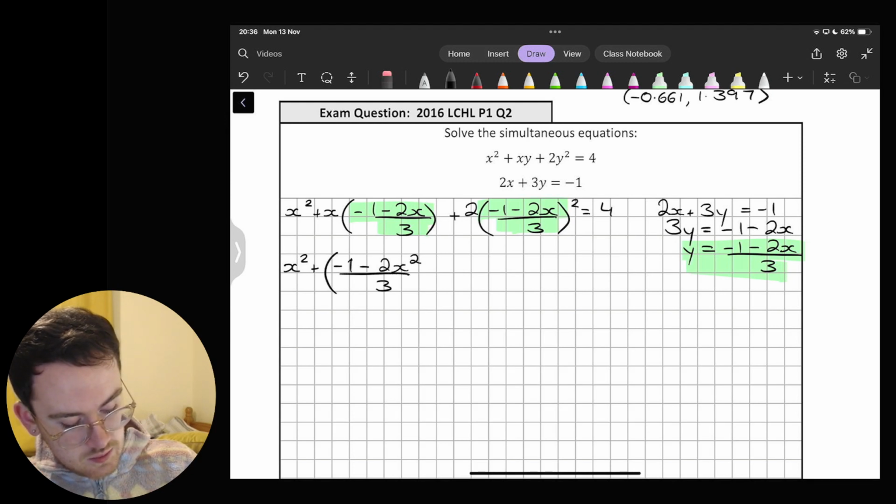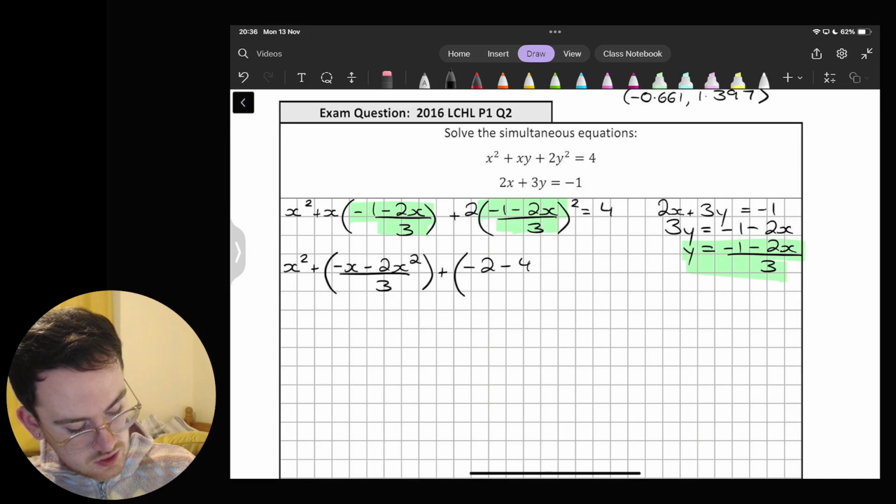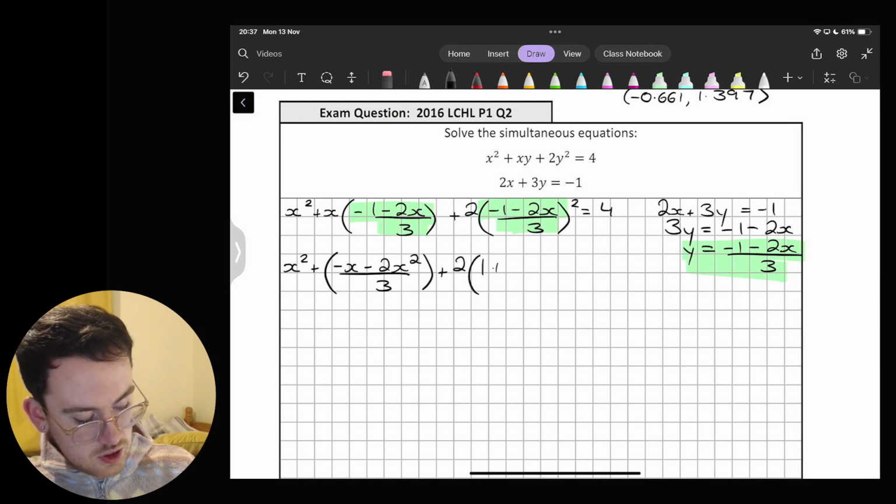Sorry, that should be minus x, so x times minus 1 minus 2x, all over 3, plus, and let's do the same here. Sorry, I need to square that bracket first. Jumping ahead of myself here. I want to get that 2 multiplied, but let's square this bracket first. So 1 plus 4x plus 4x squared all over 9.